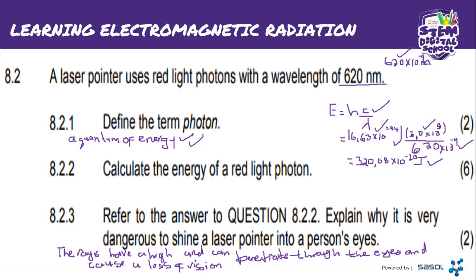So please be aware of that, even when you use your laser pointers for presentations and so on, ensure that you do not point it into anybody's eyes, because really these lasers are dangerous, and the rays can really penetrate through the eye tissue, and that can cause a loss of vision. And that is why it is very dangerous for you to shine a laser pointer into a person's eyes altogether.